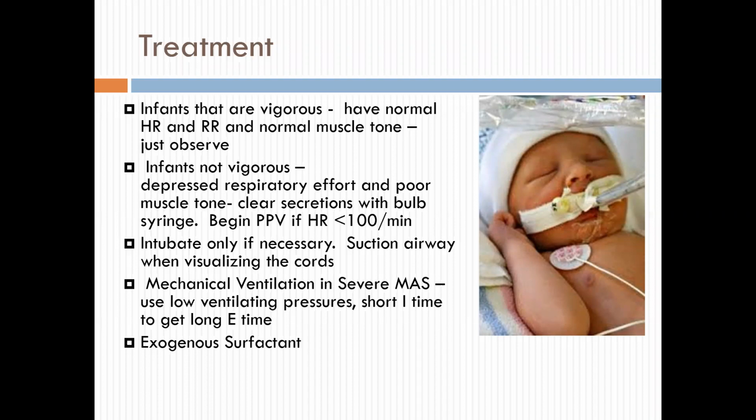Yeah, so when you're using higher pressures, that's more air you're pushing past the meconium, higher the chances that they're going to get a pneumothorax from that. And then the longer E time to let that trapped air come back out. And then surfactant may help.